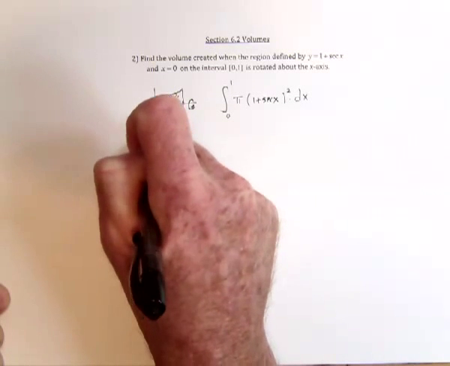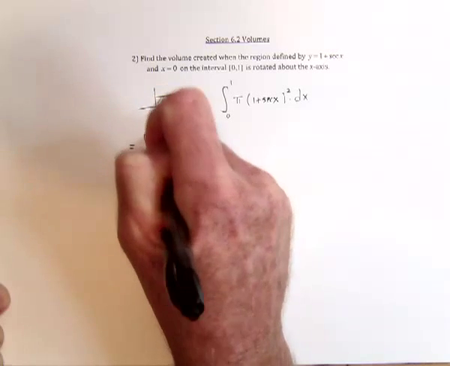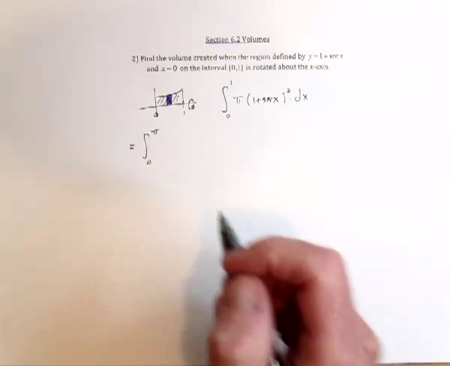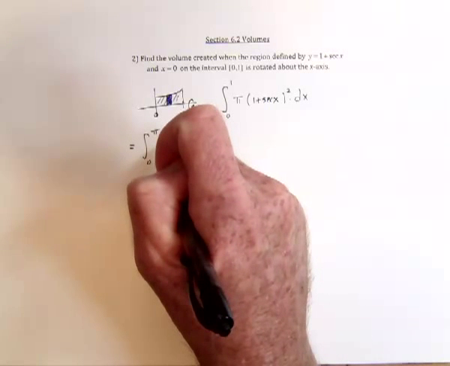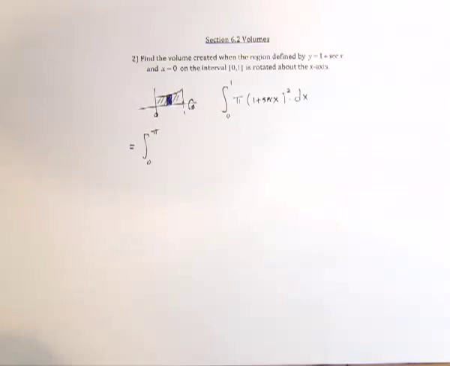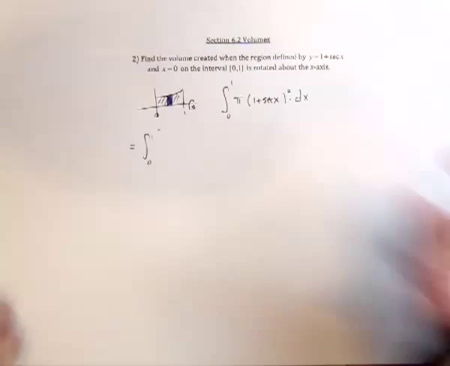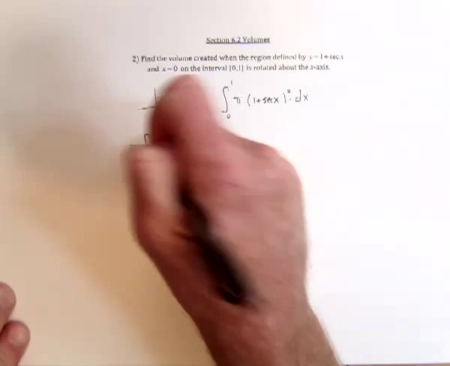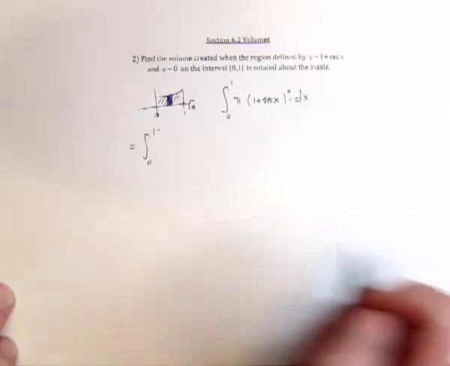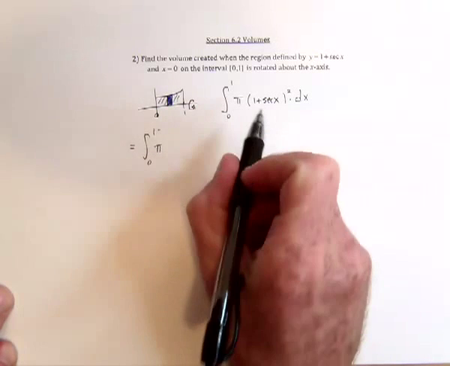So it's going to be integrate from 0 to 1 pi, and then square this binomial.